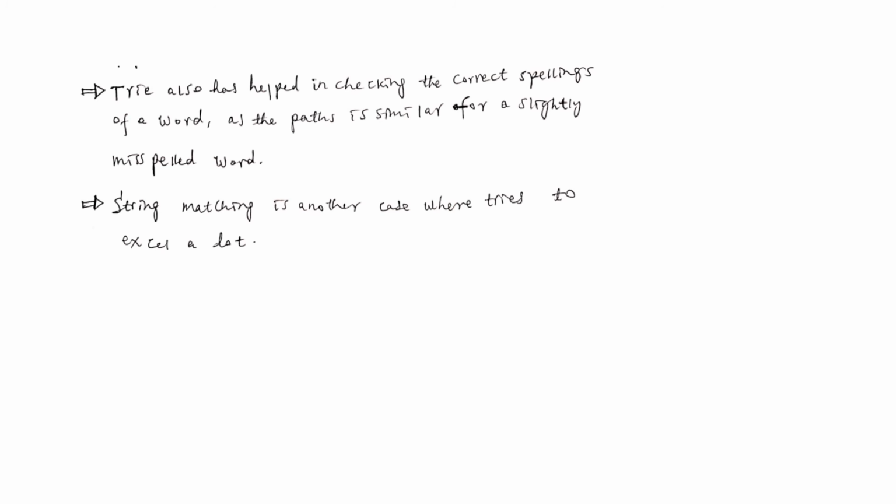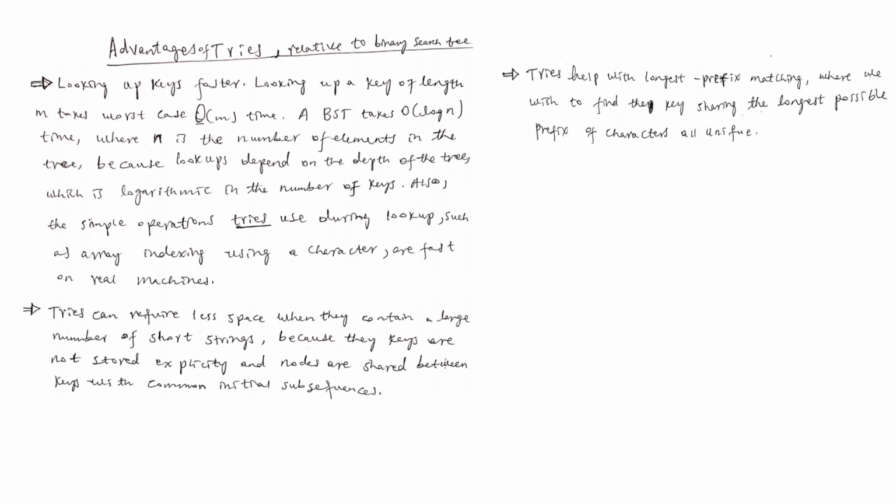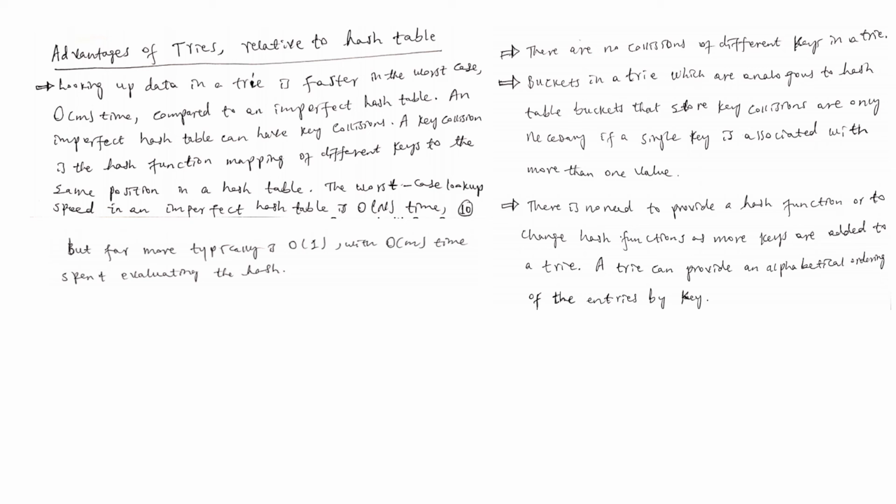This is the application we are studying now, used in our daily life, such as finding paths similar for a slight misspelling. String matching is another case where trees exist. The advantages of trees: I don't want to take time to explain this, you can read it here, the advantages of trees relative to binary search trees and relative to hash tables.